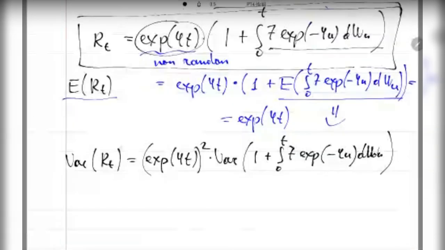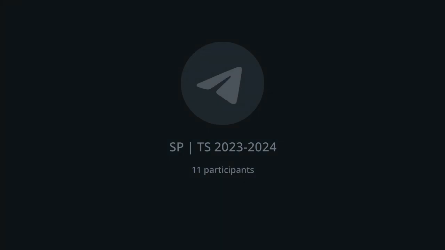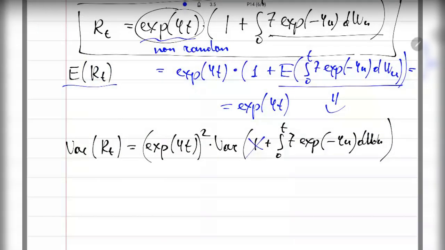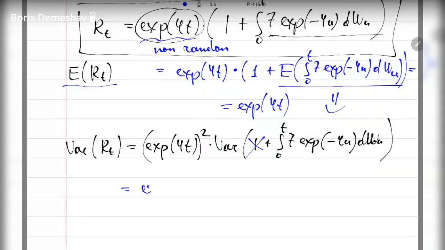Okay, we recall that constants do not influence variance. We can just remove it because adding constant shifts the expected value, but has no influence on the variance. Okay, we have exponent of 8t multiplied by variance of a stochastic integral.